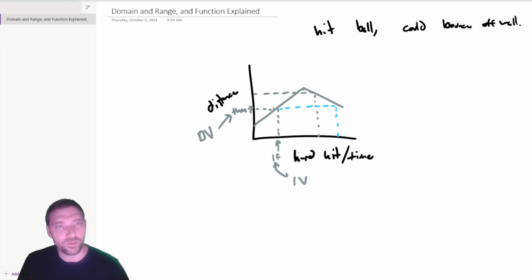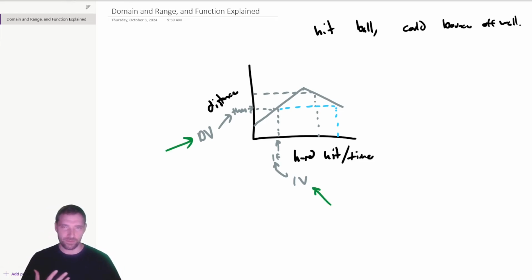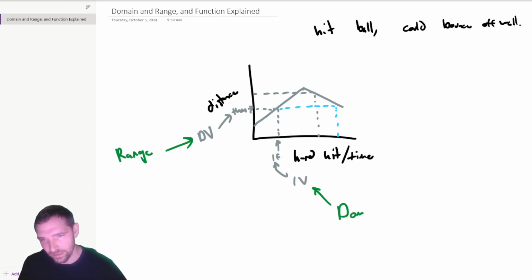So if we're talking about the words domain and range, it helps to think about the range as like maybe a golf range or something like that, or a firing range. So you can think about how far this is going as like the range where it could go. And then the domain, this is right here.